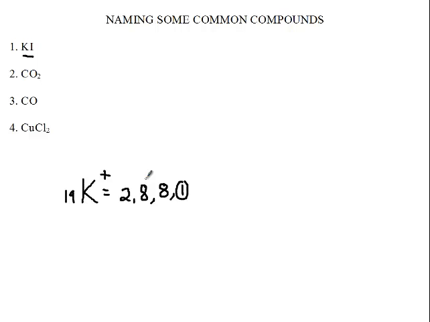Now, this is very important because we will need this so that we can be sure whether to calculate the oxidation number or not. Now, we know that potassium is a group 1 element, so there is no need to calculate. Group 1 elements have oxidation numbers of +1. Now, we can go ahead and do the naming. K stands for potassium.